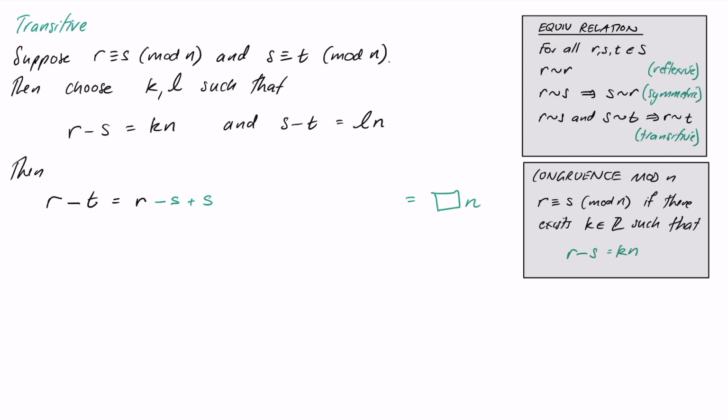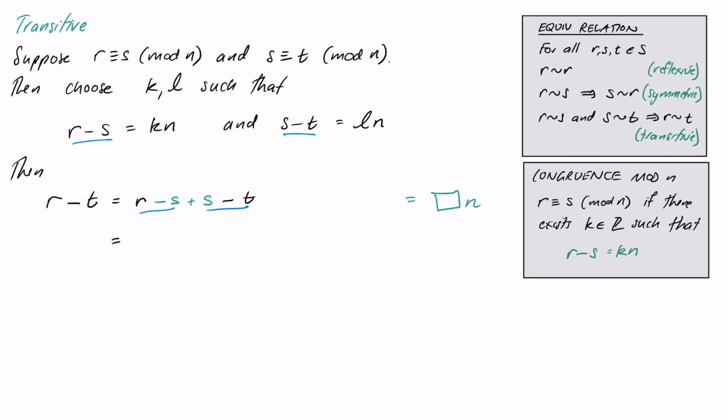This is a very common mathematical pattern, is to add something on and take it back off again, or the other way around. So hopefully you can see that's exactly the same thing. I've just subtracted S and added S back on, but the nice thing about that is now we've got R minus S involved, and also S minus T.